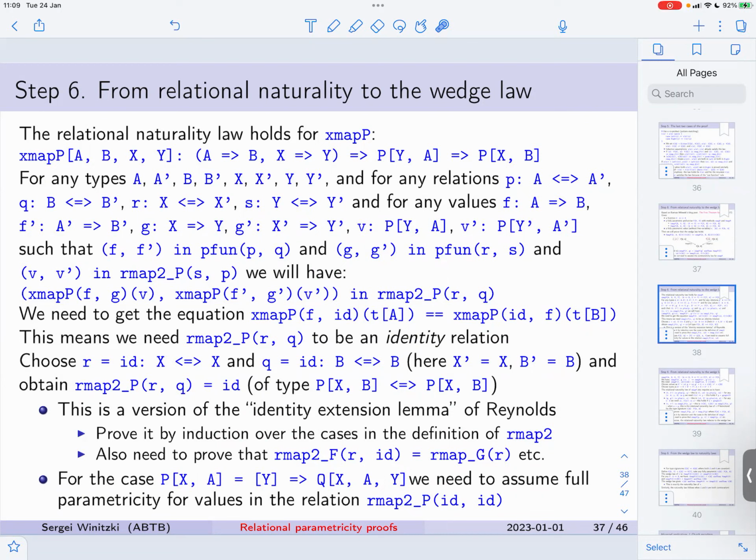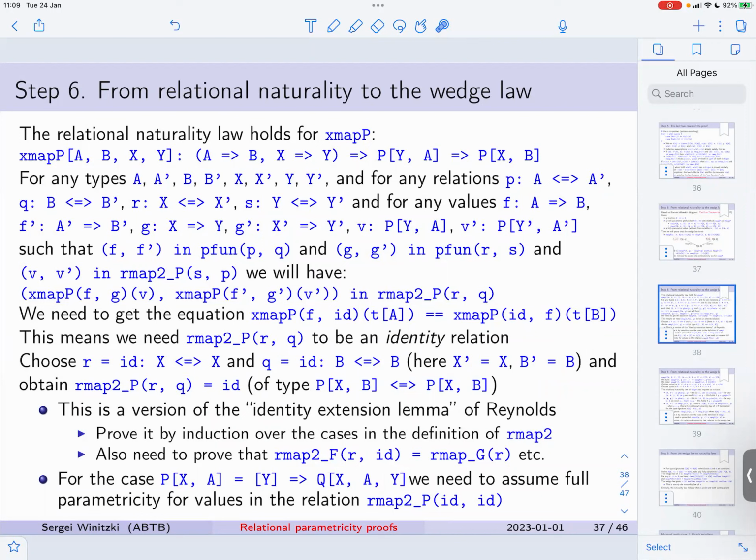And so you choose the identity relation for R and Q between x and x. So we have to choose x prime the same as x, b prime the same as b. And then this gives you the identity relation of this type. So this is a theorem, actually, or lemma that you need to prove, that when you lift, or even this simultaneous lifting also gives you identity relation.